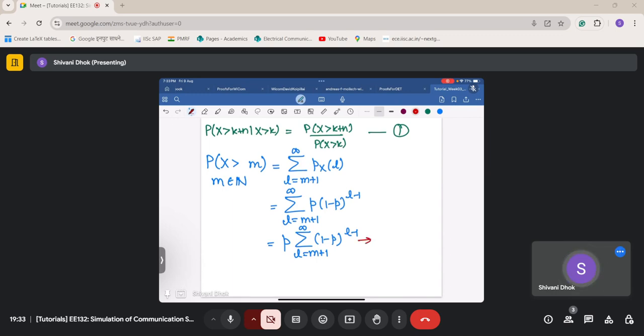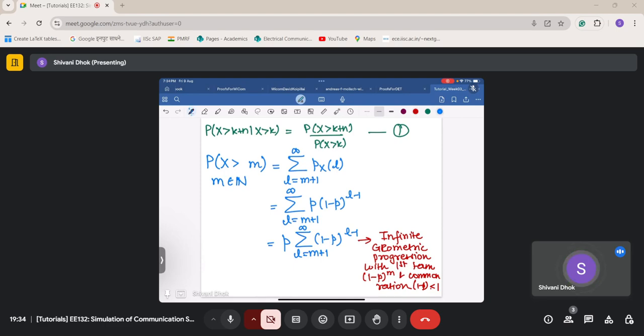So this particular thing here is an infinite geometric progression with first term as 1 minus p to the power m and common ratio as 1 minus p, which is less than 1.